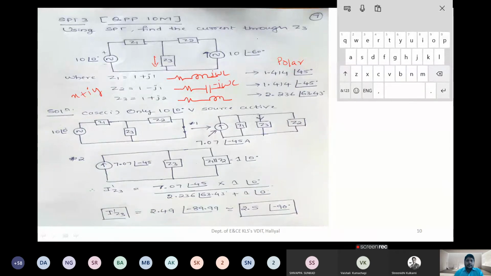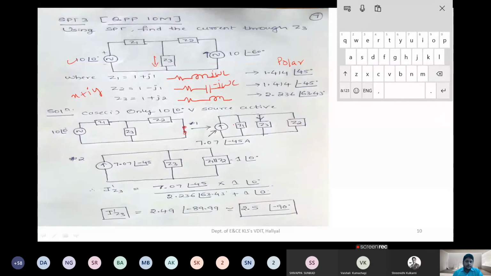Again the same thing, you have to find the current through Z3. How many independent sources are there? 2. So how many cases will be there? 2 cases. In the first case, I take this source as active. Then I have to short circuit here.